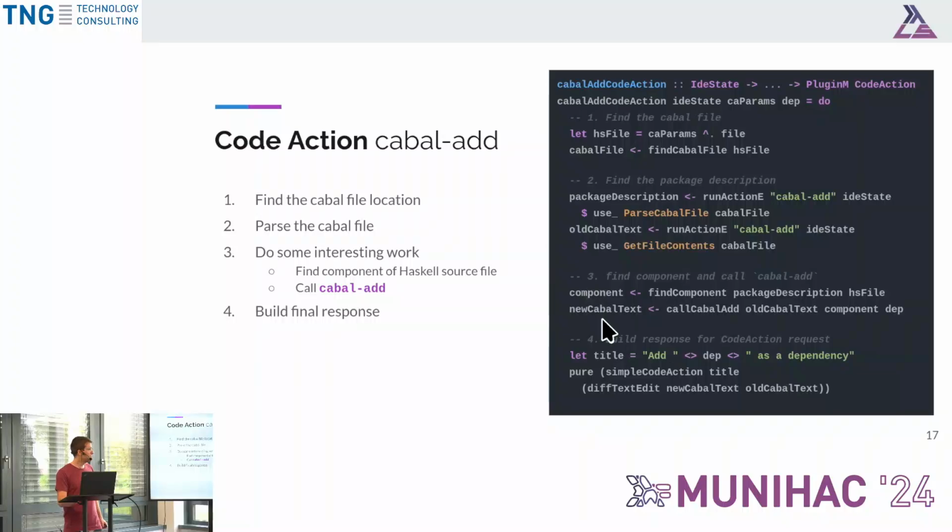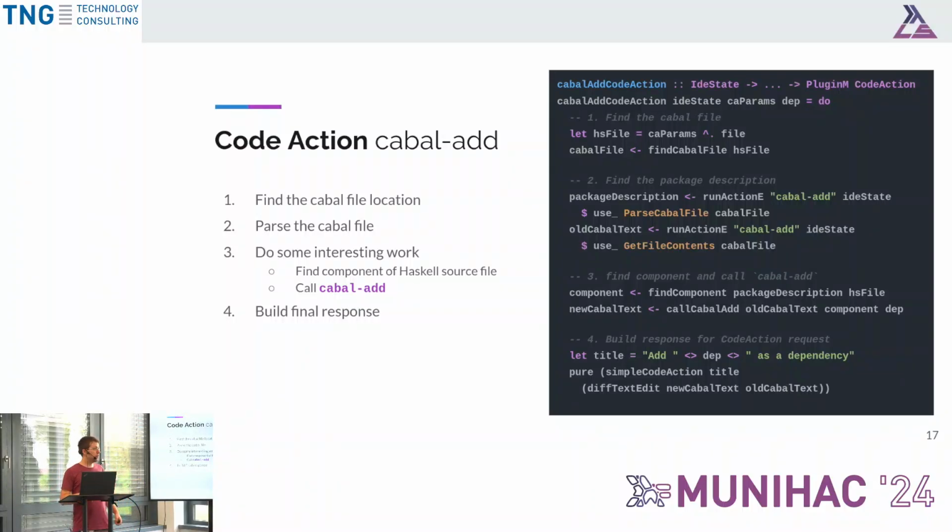In the third step, we want to add a dependency to a specific cabal component. Remember, there can be multiple components: executables, libraries, test suites, and we want to add the dependency to the correct cabal component. We don't want to add it to every cabal component, and we also don't want to add it just to the library component.